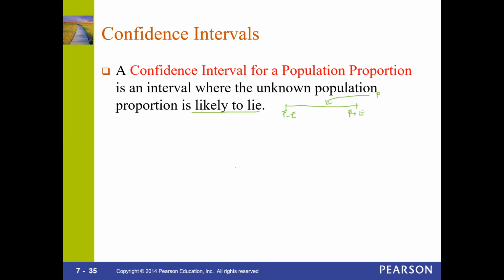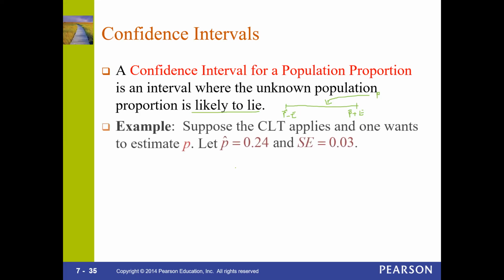In that case, here is an example. They say, suppose the central limit theorem applies and one wants to estimate P. You would have to find P. They give you P hat, which is the sample proportion, and they also give you a standard error. So this is what's going to happen.